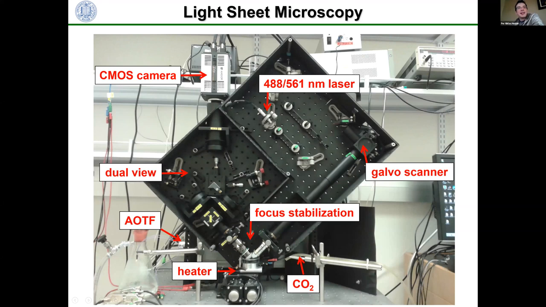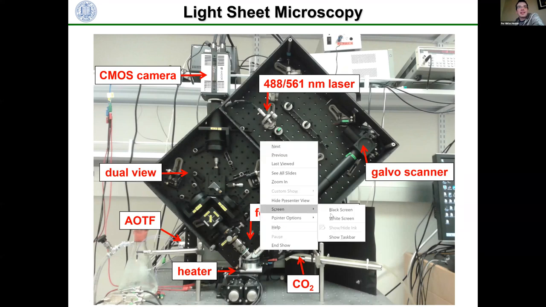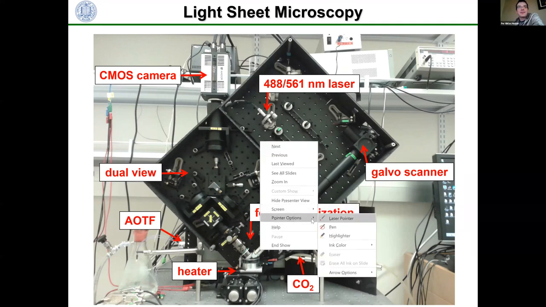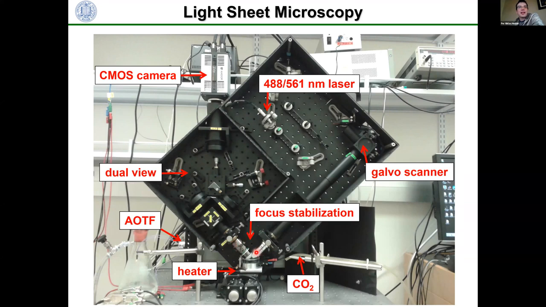The bigger one is the lens for detection, high numerical aperture, and then we have the excitation lens to generate a sheet of light, which is typically of a little bit lower numerical aperture. So this implementation was the scanning approach. We have some fiber coupled illumination sources that are then reflected onto this galvo mirror scanner. We have scan lens, tube lens, and then can generate the sheet illumination here.